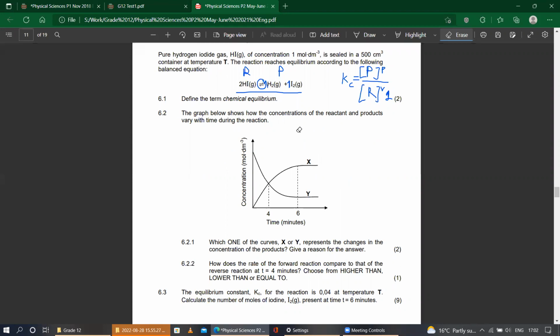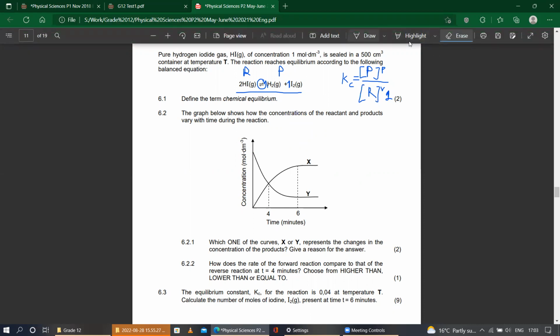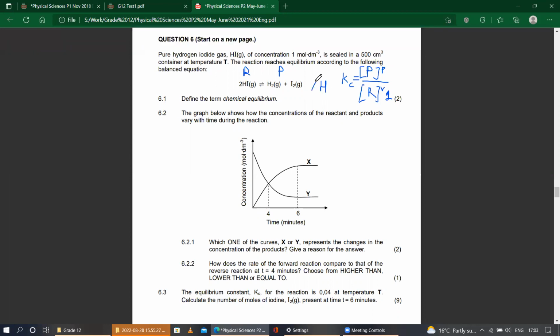So the chemical equilibrium is going to be affected by volume, pressure, and temperature. So according to Le Chatelier's principle, let's just assume that our forward reaction is exothermic.